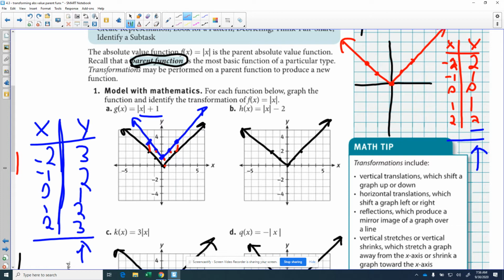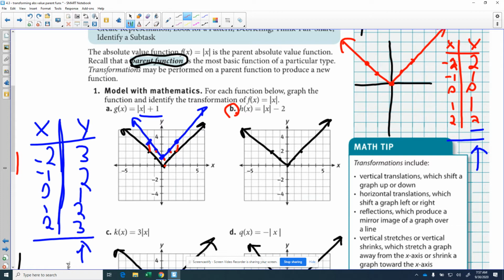So I want to start making the assumption this technically works for all types of graphs. Okay? If I add or subtract values on the outside, it should move my graph up or down. Now, we're going to do the second one simply by graphing it out and then checking it with a calculator. If I graph out letter B here, the absolute value of x minus 2, I want to use that same logic we did in the first problem.